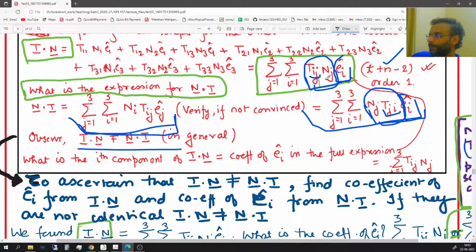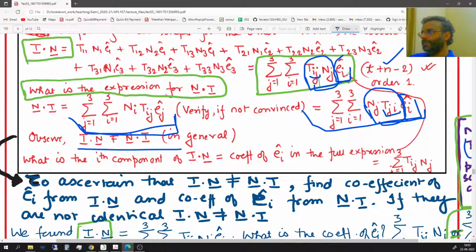So note that T dot n is a vector, a tensor of order 1. Why? How do I recognize that? I recognize that by looking at this expression of T dot n in the Cartesian coordinate system. Clearly, it has only ei there. I mean, the unit vector is appearing on its own. There is no dyad, there is no dyad of third order or higher order.